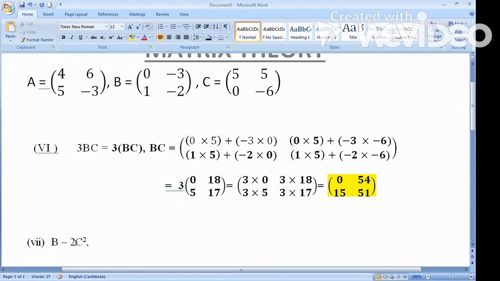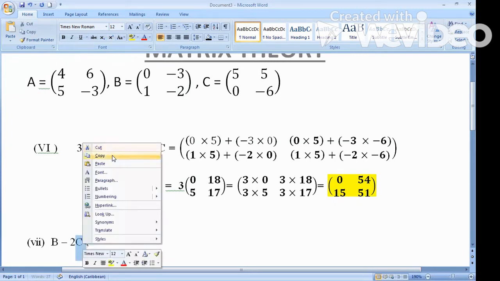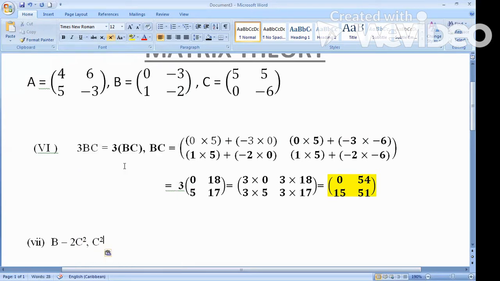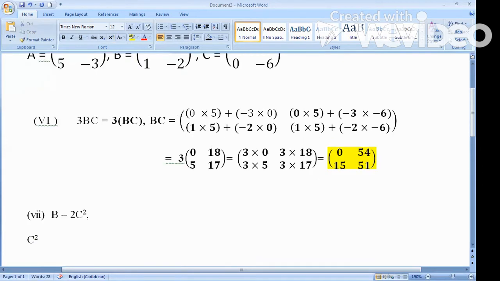Now what you're going to do is work out C square first. Let me put this as bullet points. So we'll work out C square first.